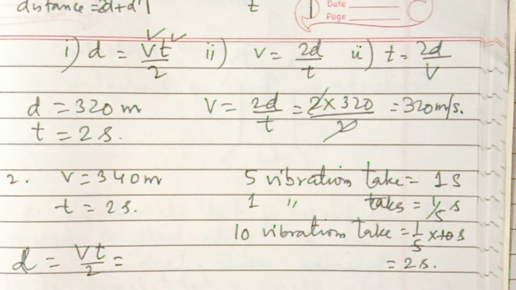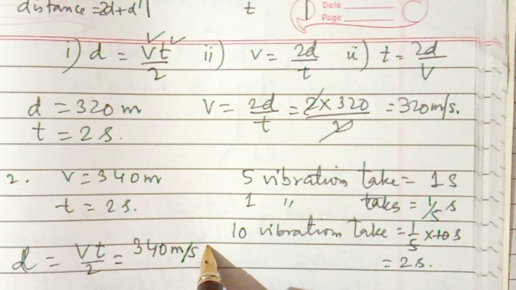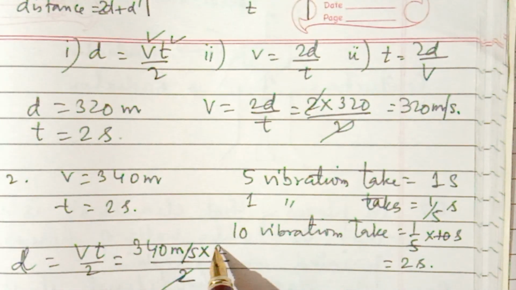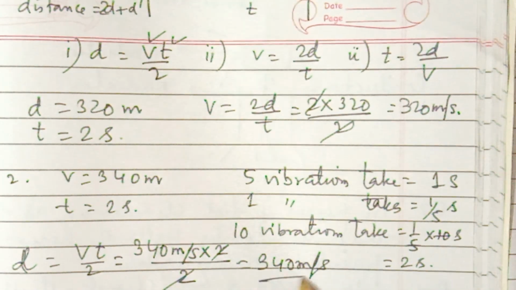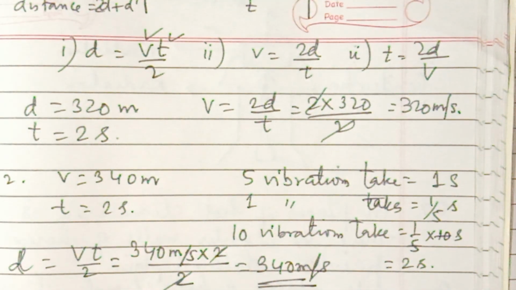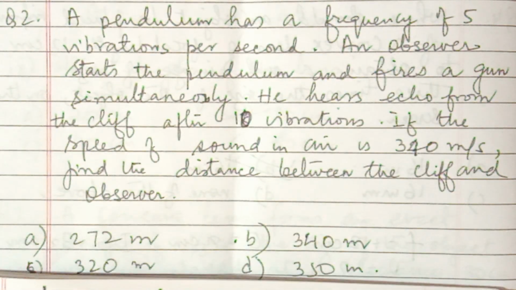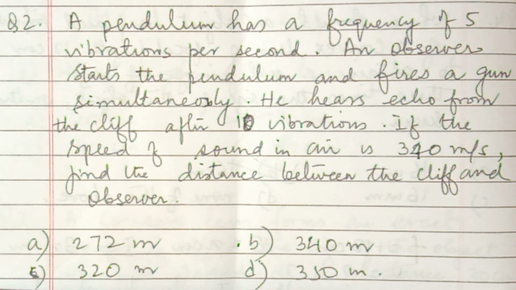So we have V 340 meter per second, time we have got 2 seconds, and divided by 2. So here it is 340. So the distance between the person and the obstacle is 340 meter.